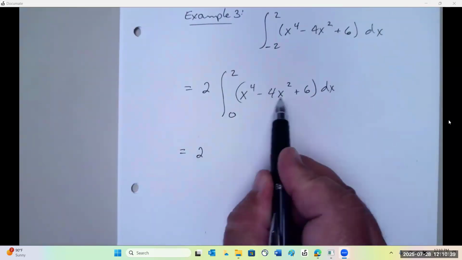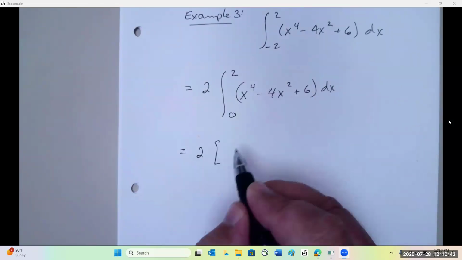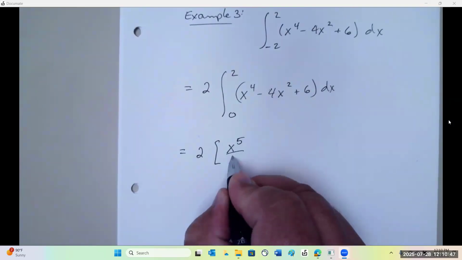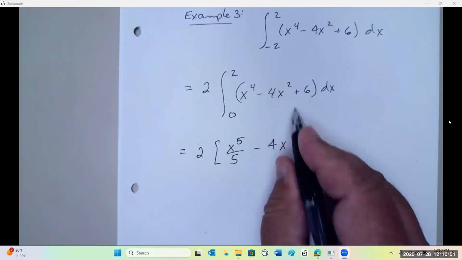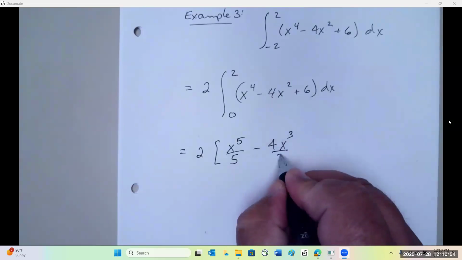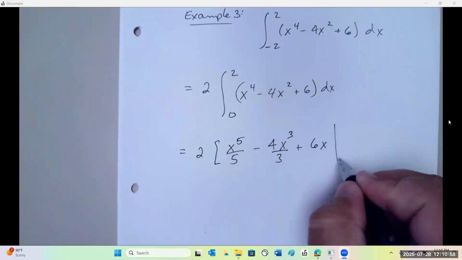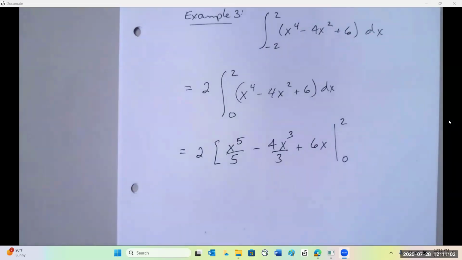Since this is a sum and difference rule, we can take the integral of each of these separately. What's the integral of this first one? x^5 over 5. Next one is x^3 over 3. Then 6x. Okay, question.